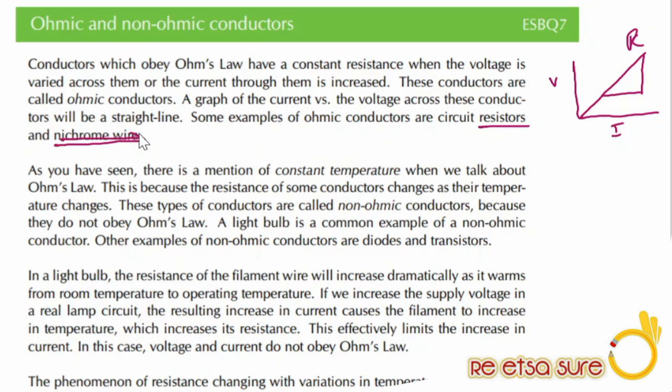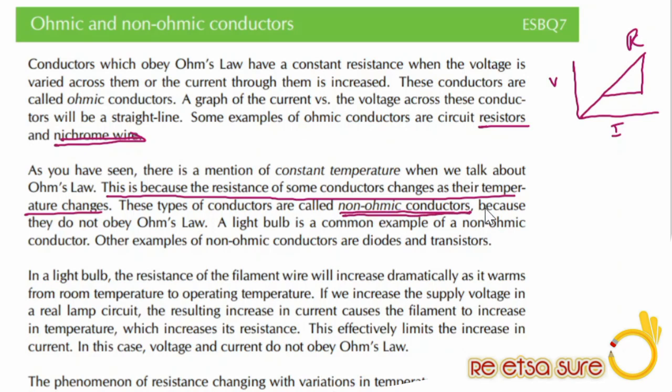Okay. As we have seen, there is a mention of constant temperature when we talk about Ohm's law. This is because the resistance of some conductors changes as the temperature changes. Yes, let me underline it. This is because the resistance of some conductors changes as the temperature changes. This type of conductors that change with temperature are called non-ohmic conductors.